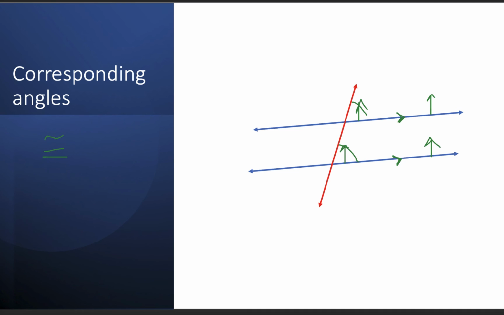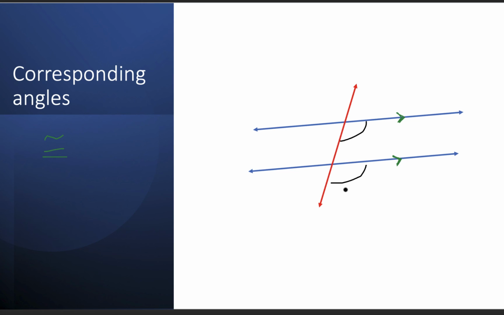Okay, I'll show you all the corresponding angles that we have here. We can have these two angles, these two angles, and we also can have these two angles.